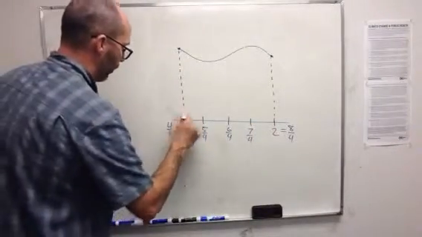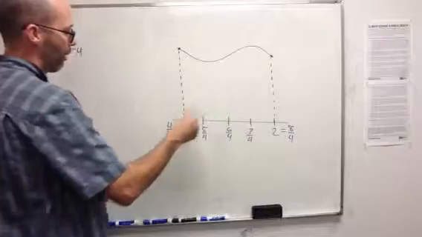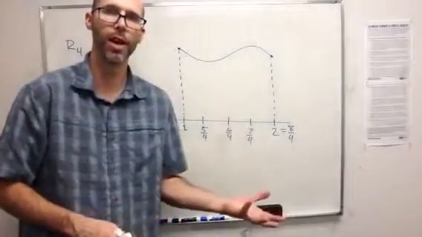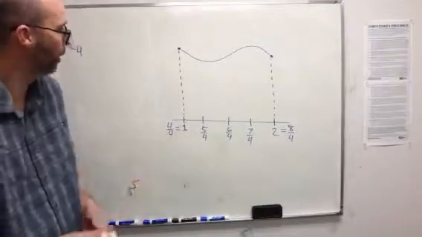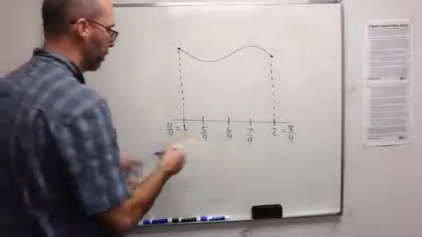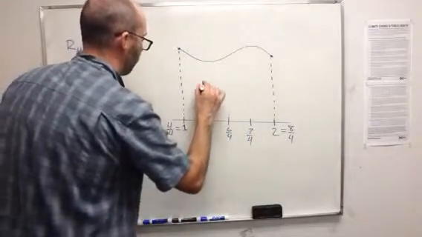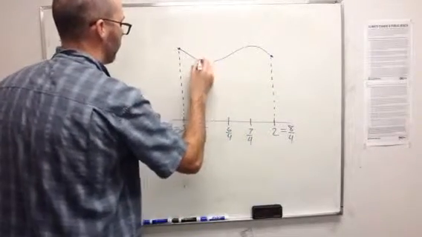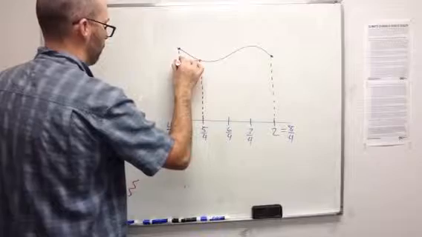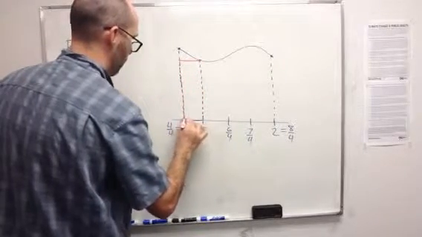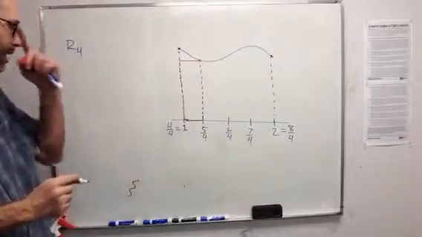The height of our rectangle is f applied to the rightmost endpoint. So how far do you go up at 5/4? You go f of 5/4. That puts us there. So there's our first rectangle.